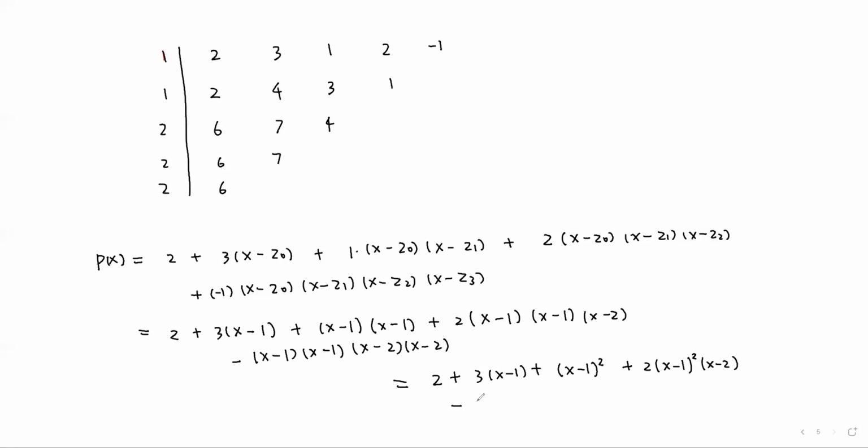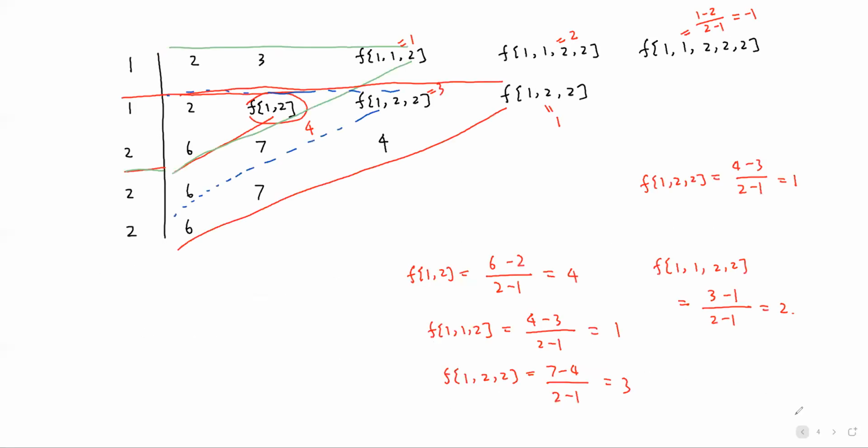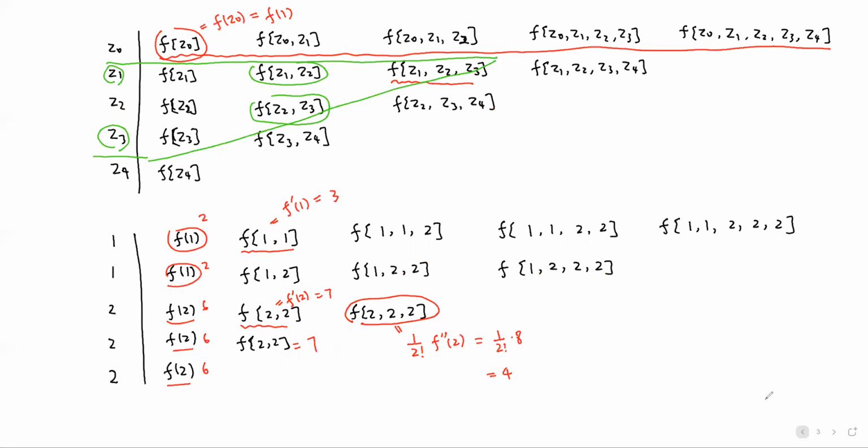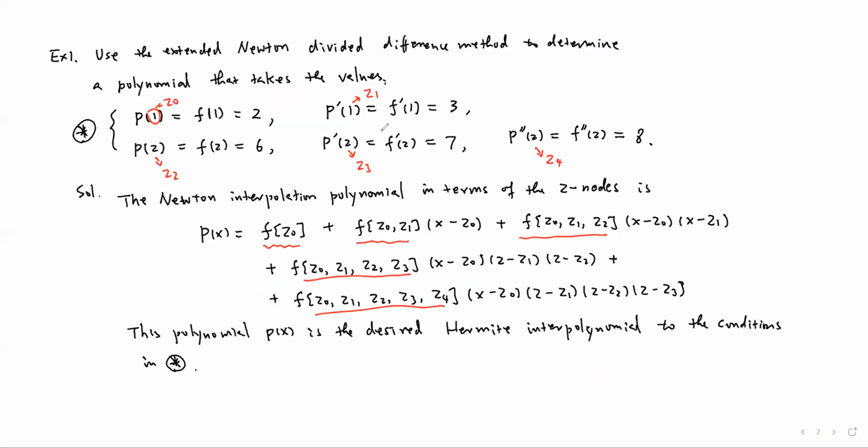Then minus x minus 1 squared, x minus 2 squared. Yeah, this is the polynomial that satisfies all these 5 conditions. The polynomial is the Hermite interpolation polynomial to these given conditions.